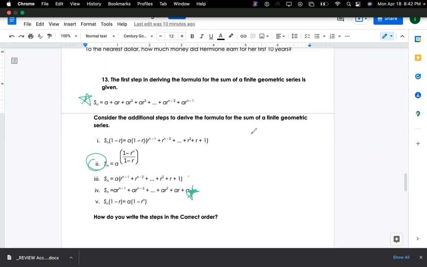So it would go 4, 3. Okay, and then we would say, all right, well, we've got all these. Let's pull out a 1 minus R and pull it out on both sides. So we would do this one right here. Then it would be 1.